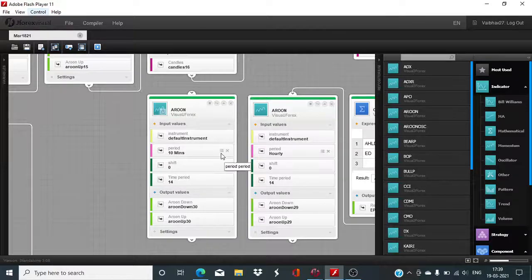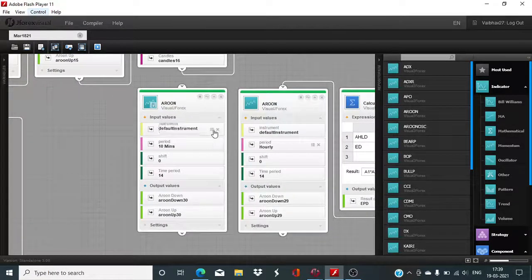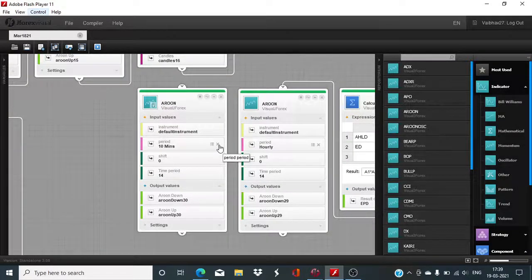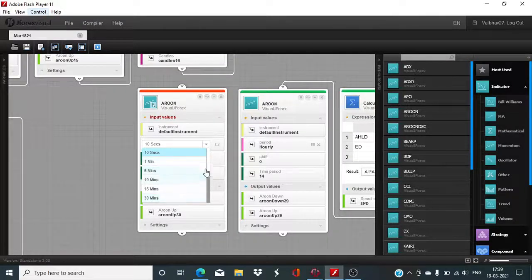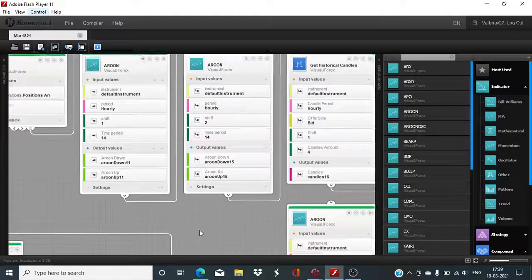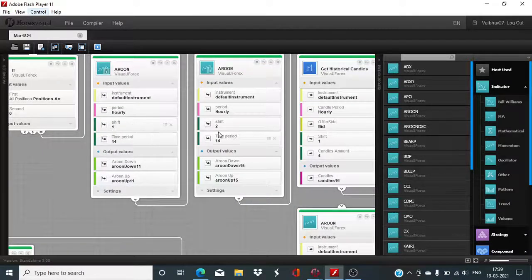Let me see what we have here. We have this shift 1 and shift 2.